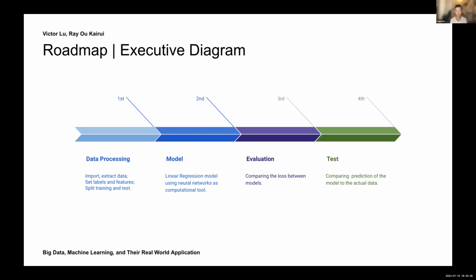Then we built a model. We used a linear regression model using neural networks as the computational tool to compute the coefficients. Then we evaluated the model by comparing the loss between the models. And finally, we tested the model to compare its predictions to the actual data and compare the graph to it.